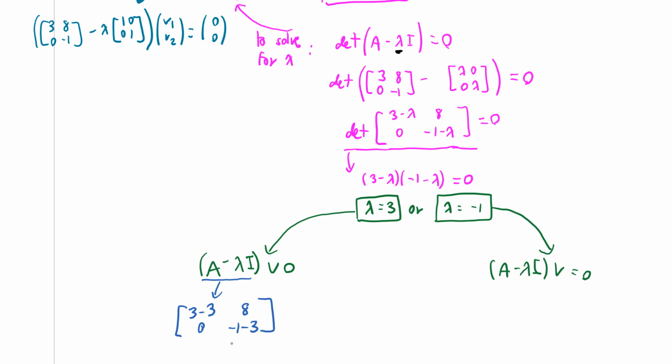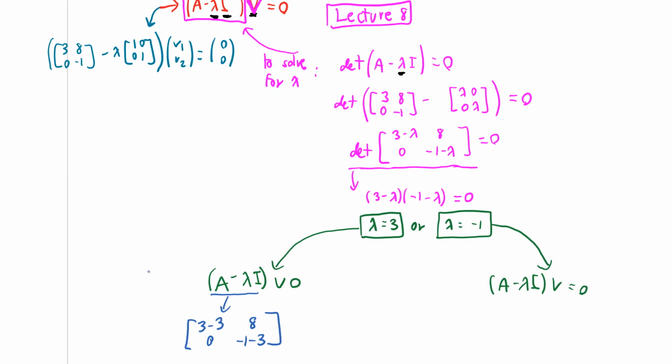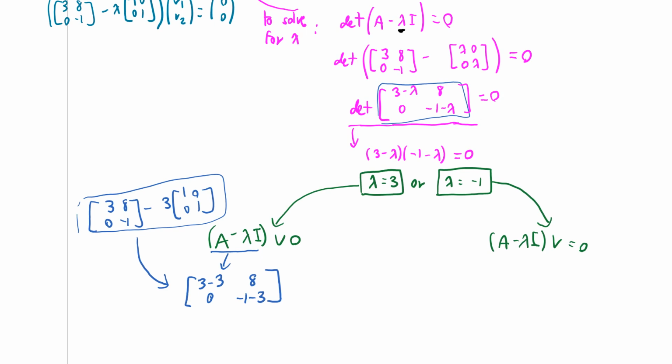Notice how this is actually just the same as the final matrix that we have seen earlier, except that I knew already that my lambda is equal to 3. Or you can also see this as the matrix A, which is 3, 8, 0, negative 1, minus 3 times the identity matrix. So this would just be the same thing.